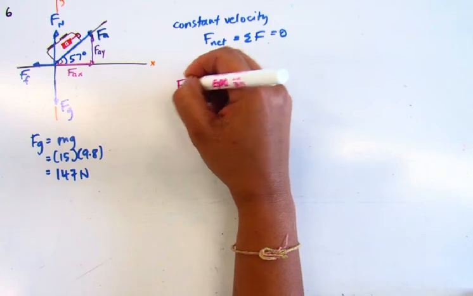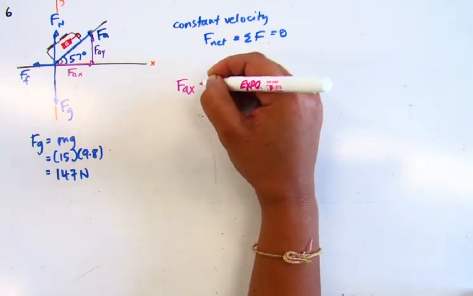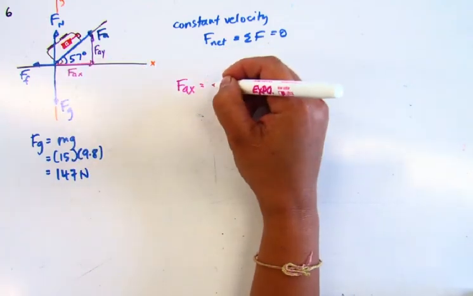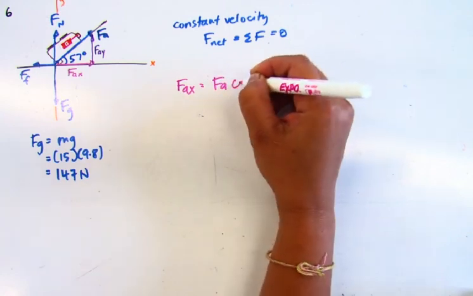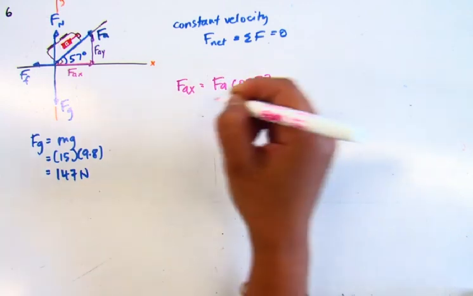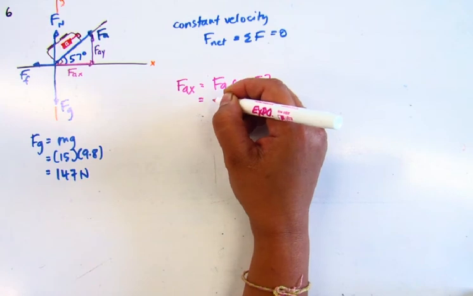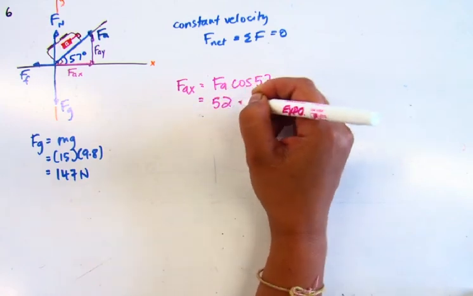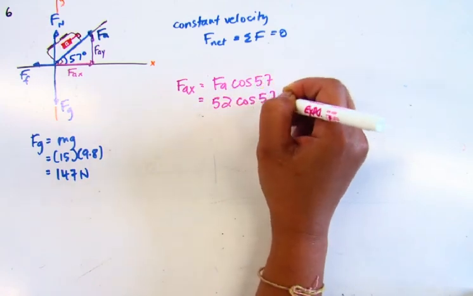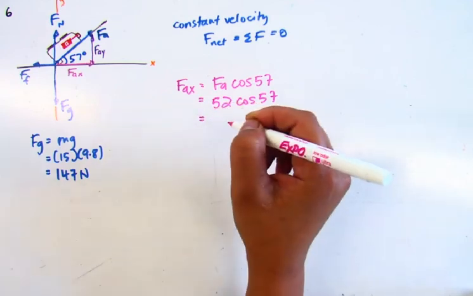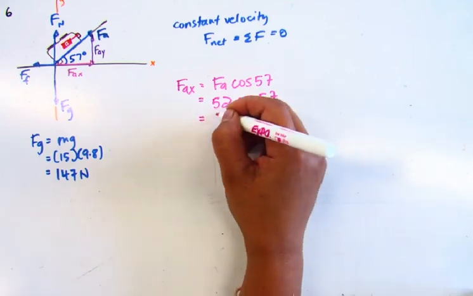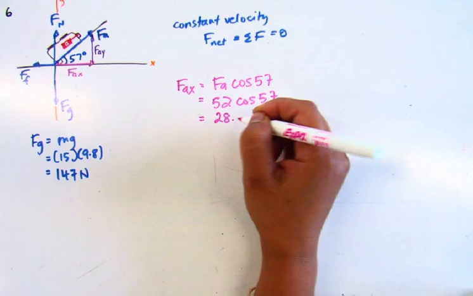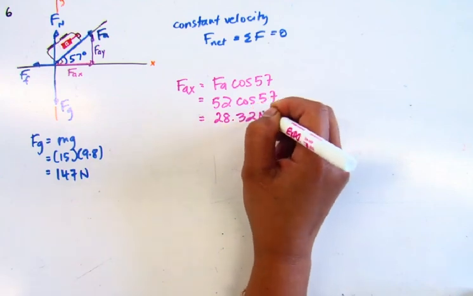So now let's look at the components of the applied force. So first of all, Fax. You can see from the diagram that this equals Fa times the cosine of 57 degrees. And since Fa is 52, this becomes 52 cosine 57. Figuring all that out, I believe it works out to 28.32 newtons.